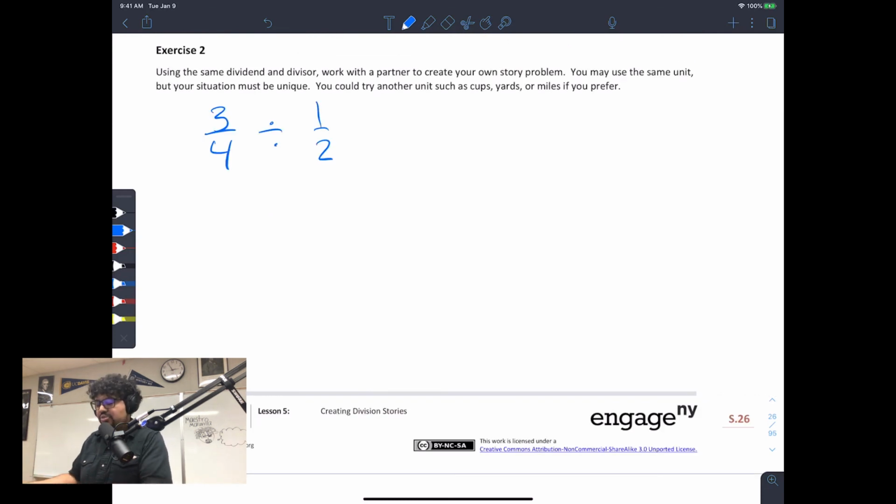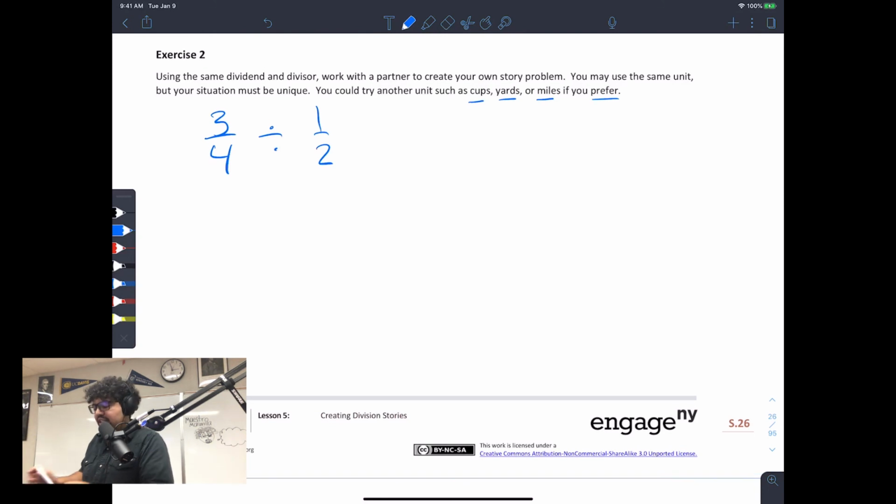Then exercise number 2 says using the same dividend and divisor, work with a partner to create your own story problem. Okay, so now you can try cups, yards, miles if you prefer. So coming up with a story, we can say something like, it takes 1/2 cups of bananas to make a glass of shake.